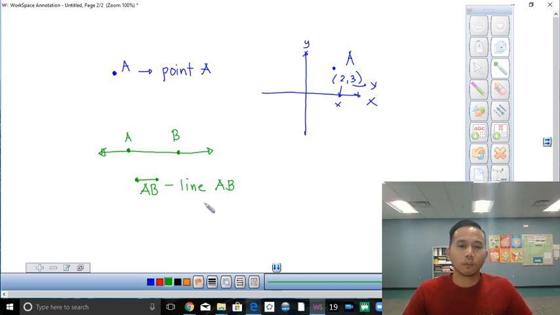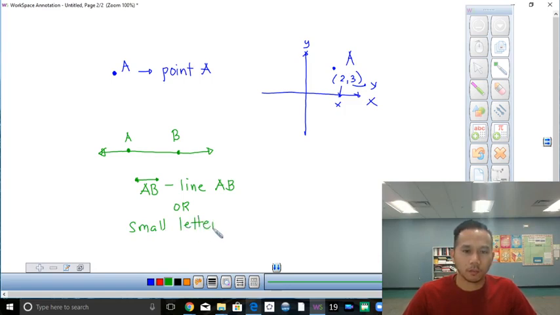Now, there's another way to name your line. You can use just one small letter. That's not h, that's t.